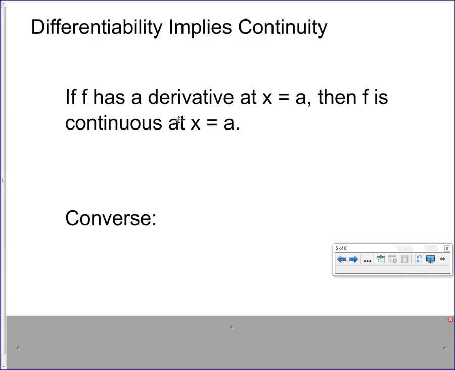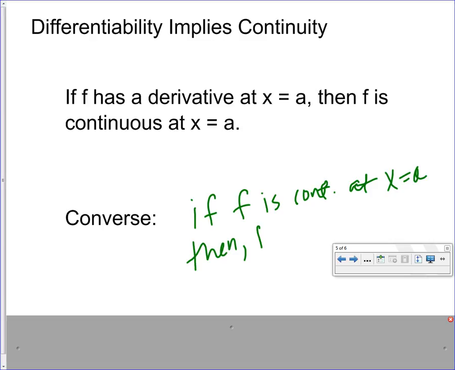So if f is continuous, then you must be differentiable. And we're going to abbreviate that diffable. As long as you're continuous, you're diffable.